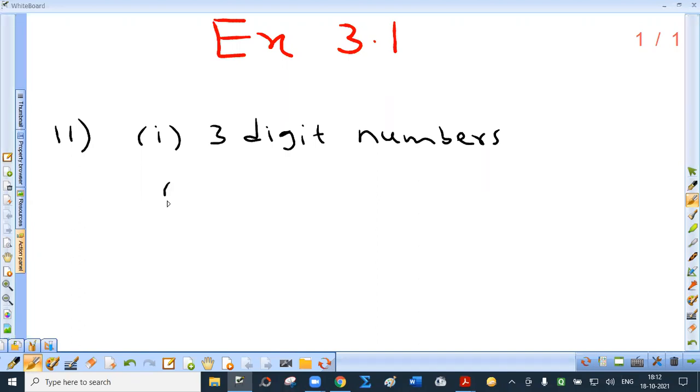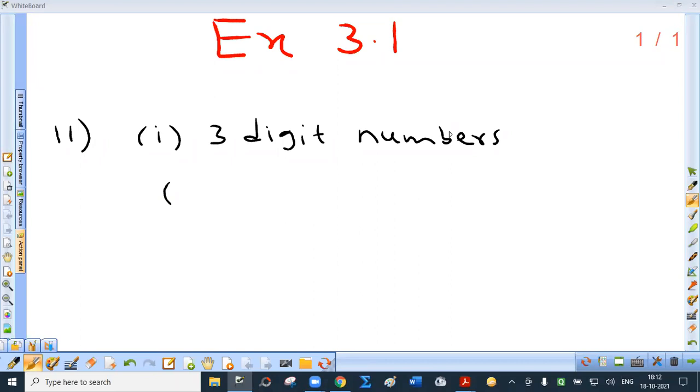Inside the bracket, write down, using 4, 5 or 6, bracket complete. I hope you are getting this. See, number has to be greater than 400, right? And therefore, hundreds place can be filled in 3 ways.